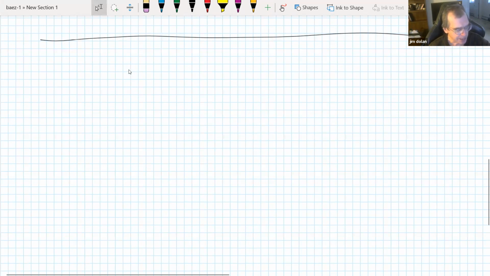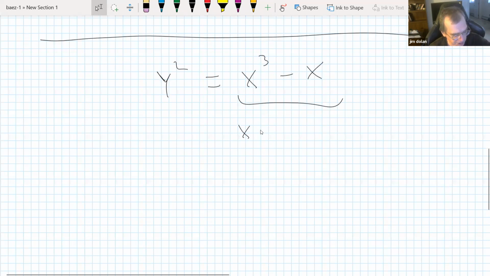So what am I trying to say here? I'm trying to pretend to draw the Gaussian elliptic curve. One way to think about it is y squared equals x cubed minus x, which is equal to x minus 1 times x minus 0 times x plus 1.